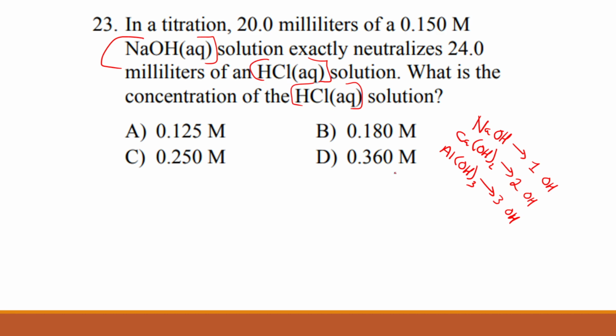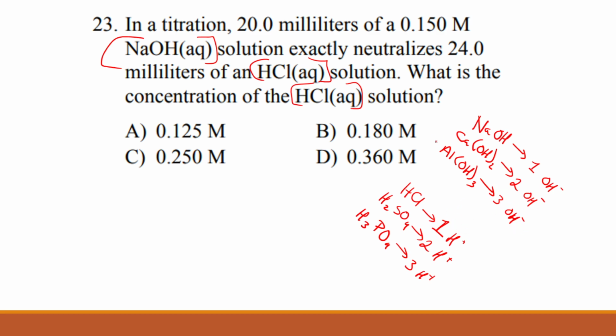Same thing goes with the HCl. You can have HCl, you can have H2SO4, you can have H3PO4, and each one of these things gives you a different number of H's. And when we're doing a titration or a neutralization, it matters that the OHs match up with the H's.